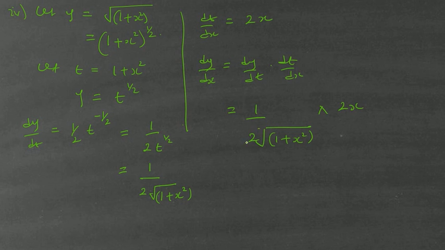Now the 2 can go, so that remains x over the square root of 1 plus x squared. Yes, that is the chain rule.